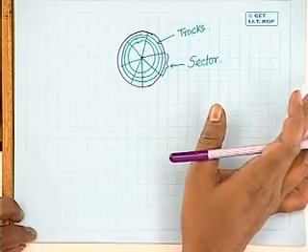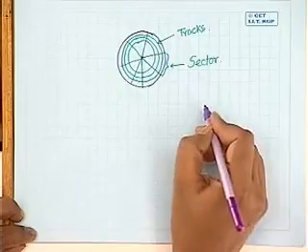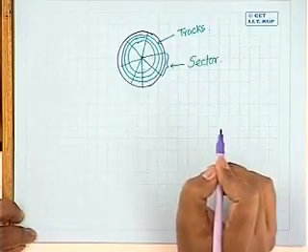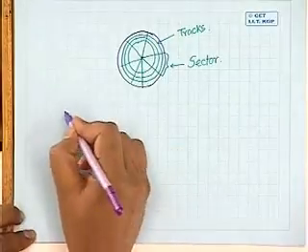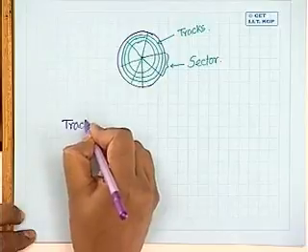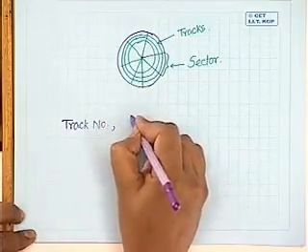So every data unit on the magnetic disk or floppy disk will have a two-component address, consisting of a track number and a sector number.